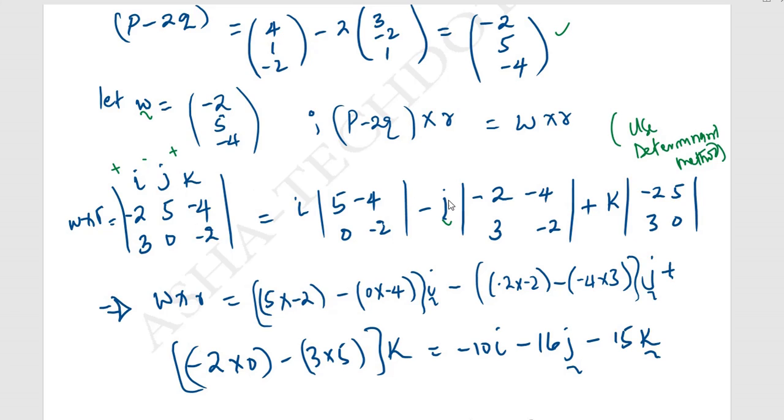Therefore, for the j, I will take the determinant of the matrix of negative 2, negative 4, 3, negative 2, which are these members, then plus k times the contents that are adjacent to the k.